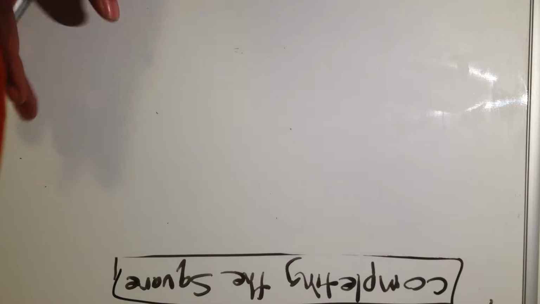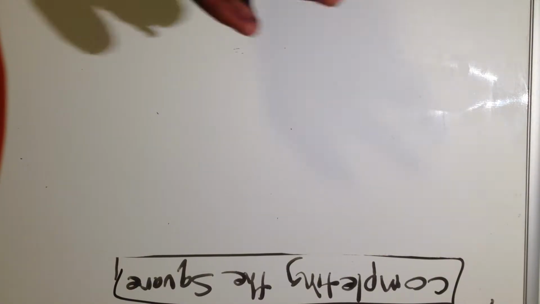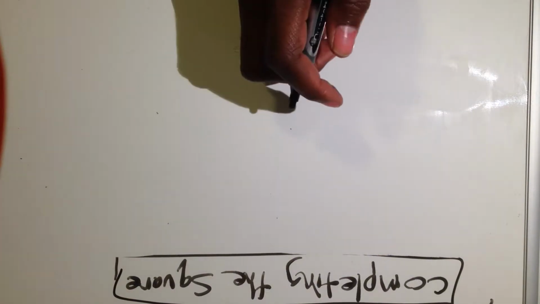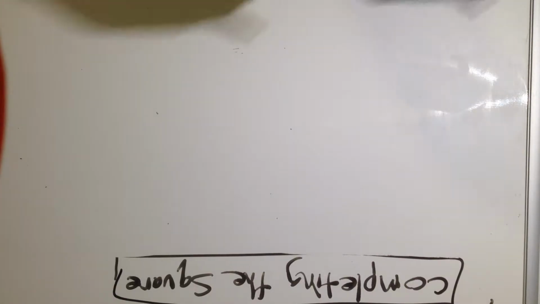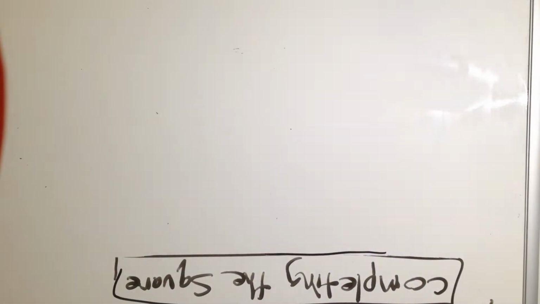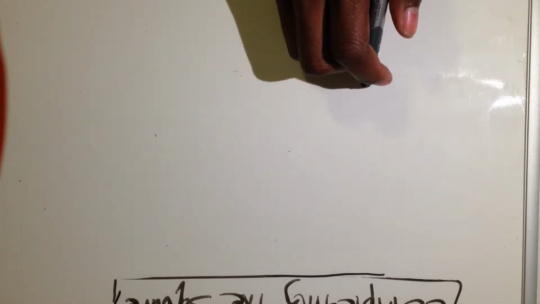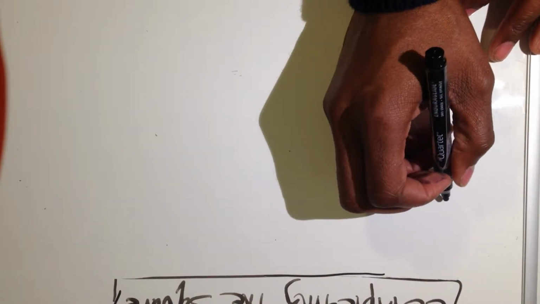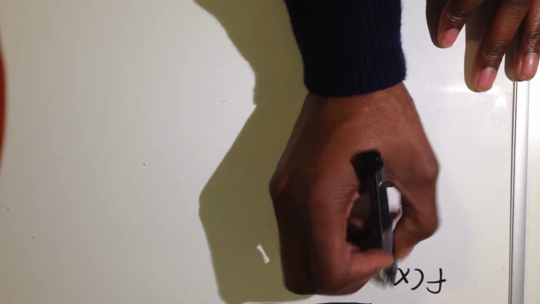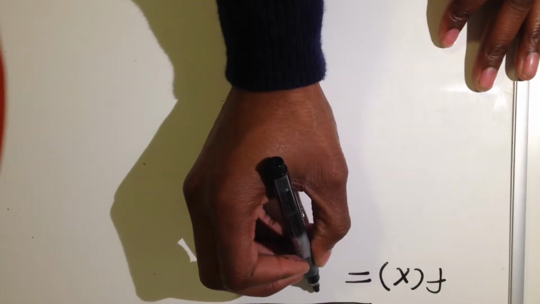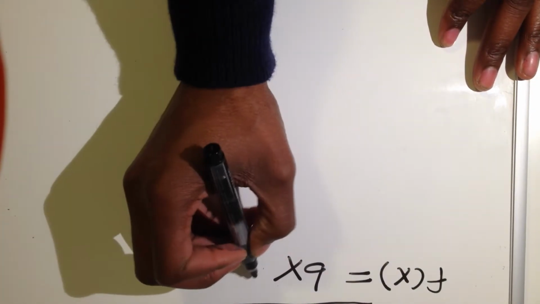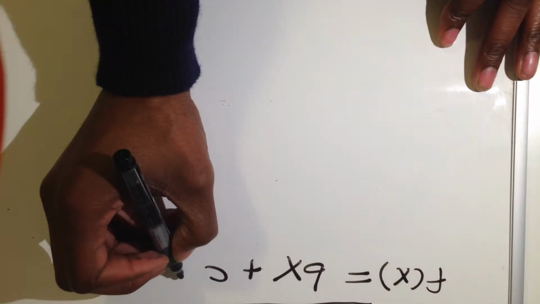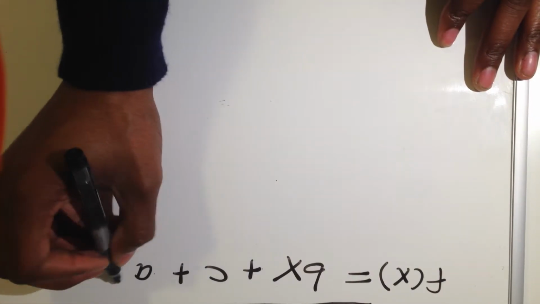Okay, so here's the method I learned that I also highly recommend to you, and that's not only easier but a faster way to do this whole thing. What you have to do first is, let's say you're given this problem: f of x is equal to bx plus c, plus ax squared.